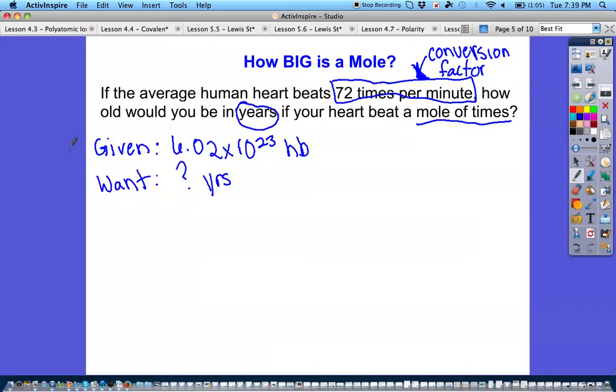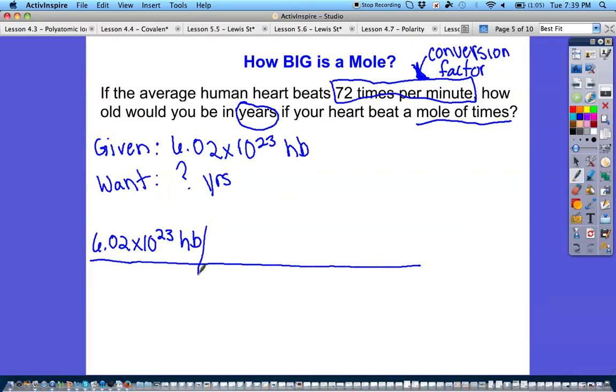We're going to start with what we're given, 6.02 times 10 to the 23rd heartbeats, because we always start with what we're given. But we don't want heartbeats, we want years. So we have this conversion factor, 72 heartbeats per 1 minute, so heartbeats cancel out.